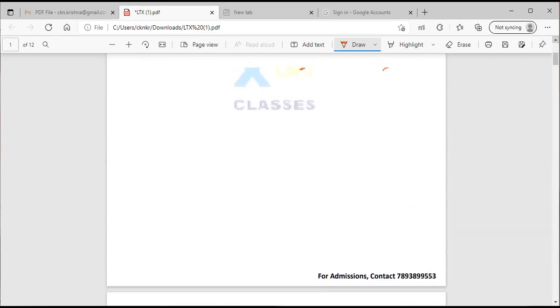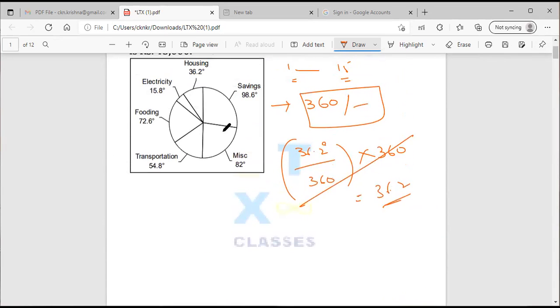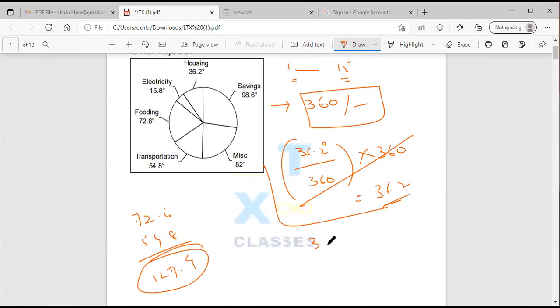Fooding and transportation together. Her fooding is how much? 72.6. Transportation, 54.8. Put together, 127. All of you okay? The total value is 360 rupees.